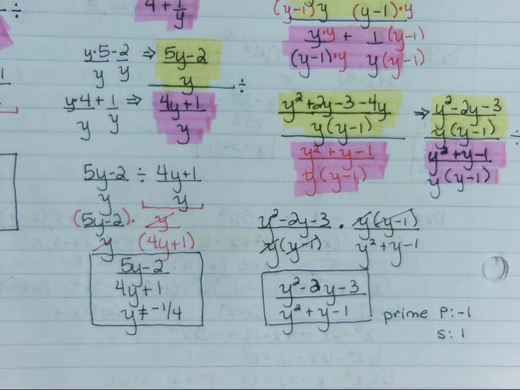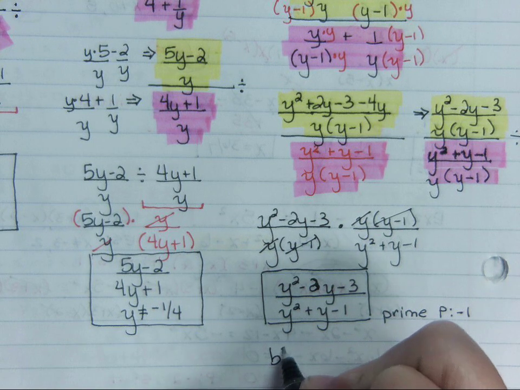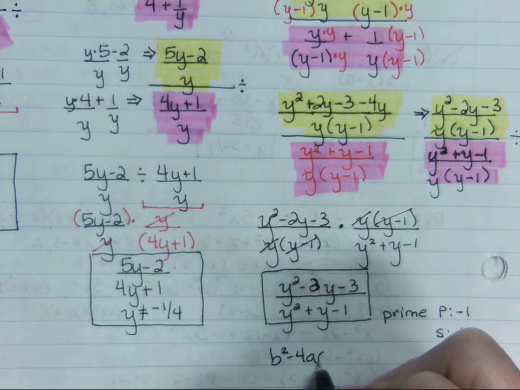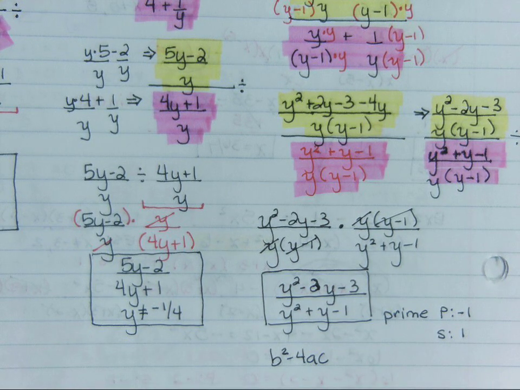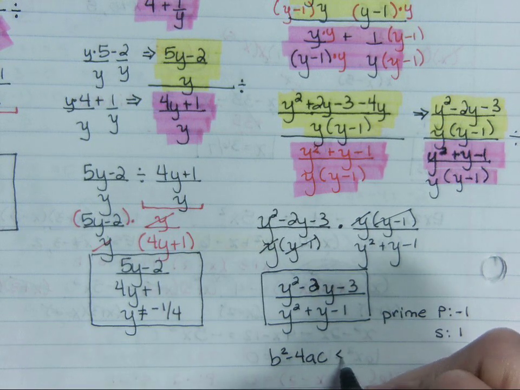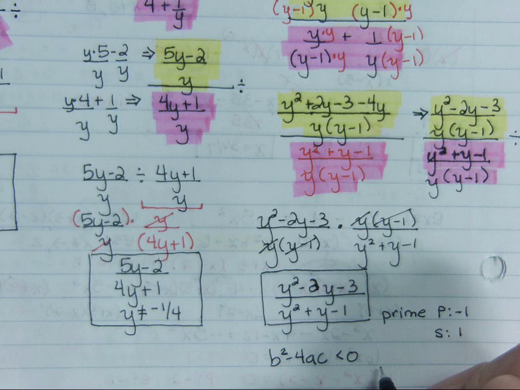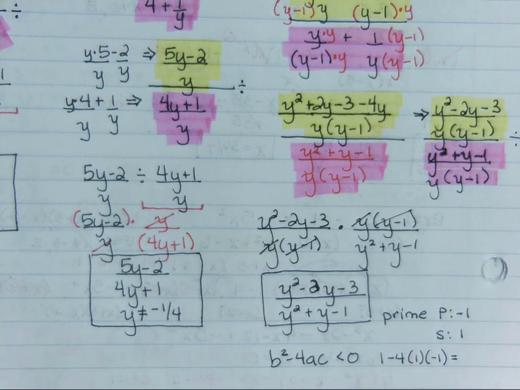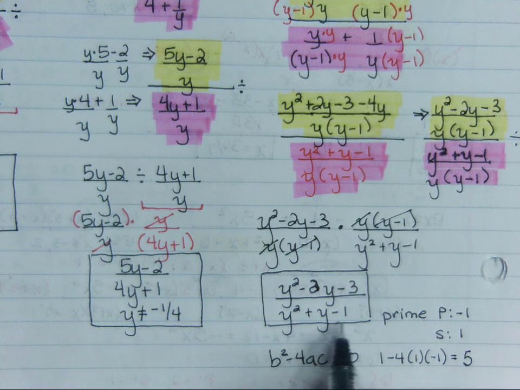And so one way that we can check that is with that discriminant. Back in some quadratic notes a while back, if we check this discriminant and I get something that is negative, then I'm not going to worry about a restriction. All right? And so for this case, I end up with 1 minus 4 times 1 minus 1, which is 5. So this does have radicals in it.